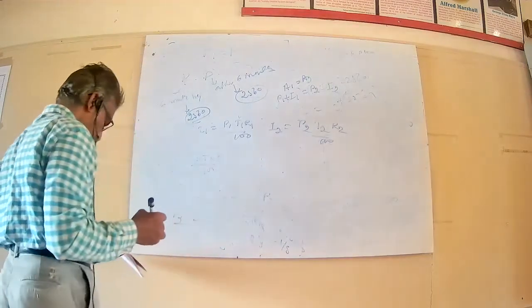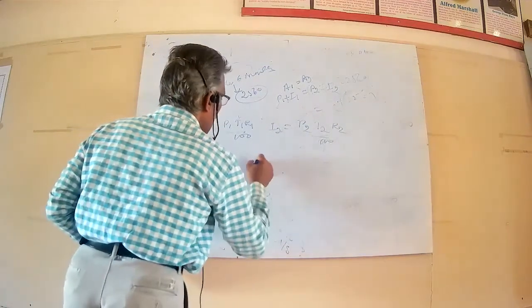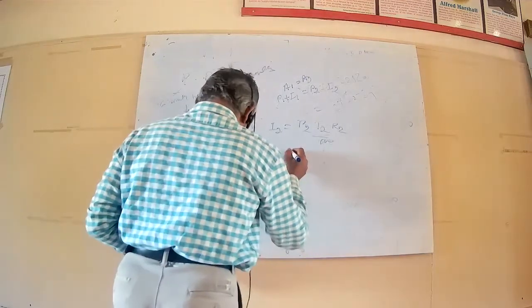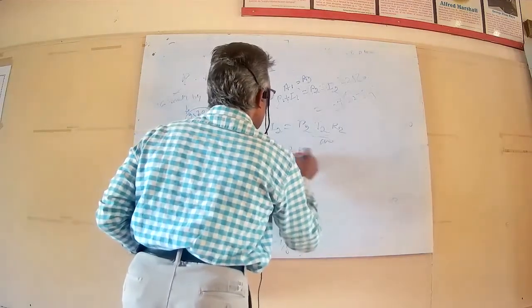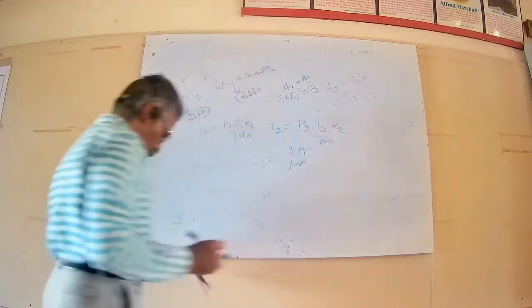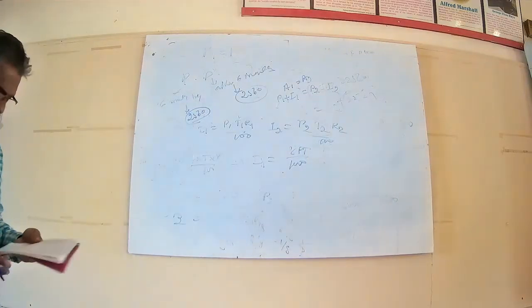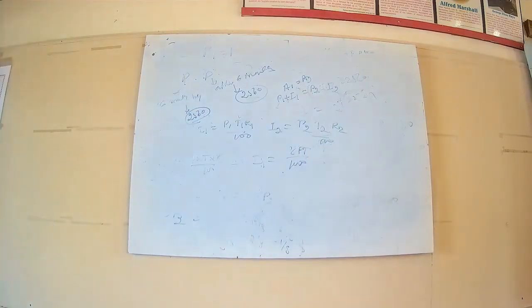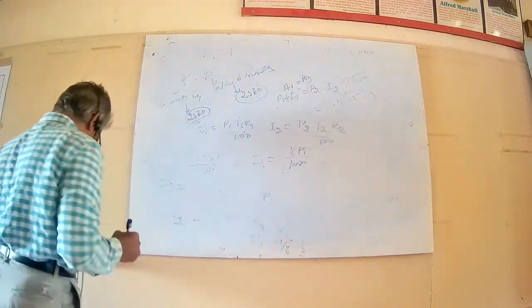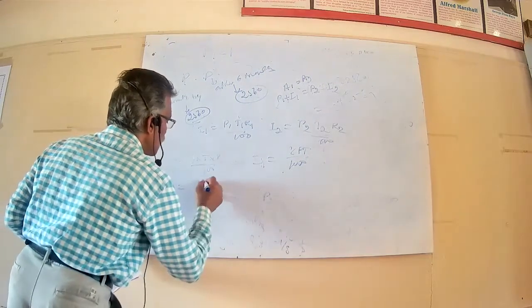Therefore I1 equal to 8 PT divided by 100. And similarly for I2 equal to PTR upon 100, we take 7 PT.